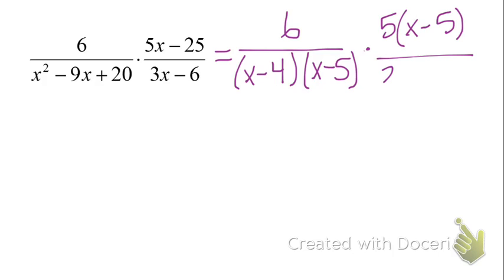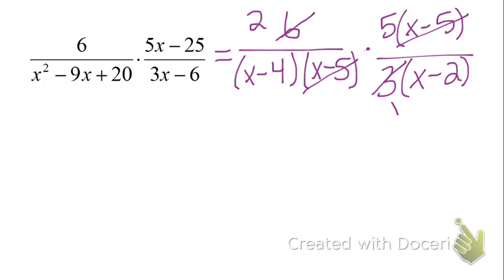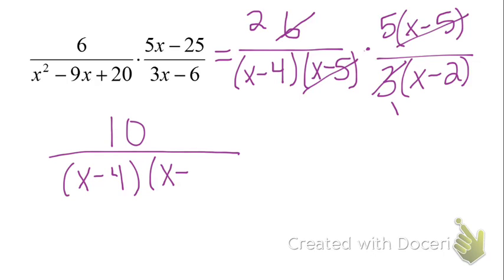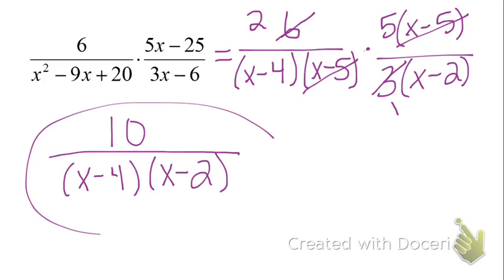And then on the bottom, I can bring out a 3 and cancel. So x minus 5 can cancel. The only other thing I can do here is reduce 6 over 3 to 2 over 1. Then on the top, 2 times 5 is 10. And on the bottom, we've got 1 times x minus 4 times x minus 2. And there it is.